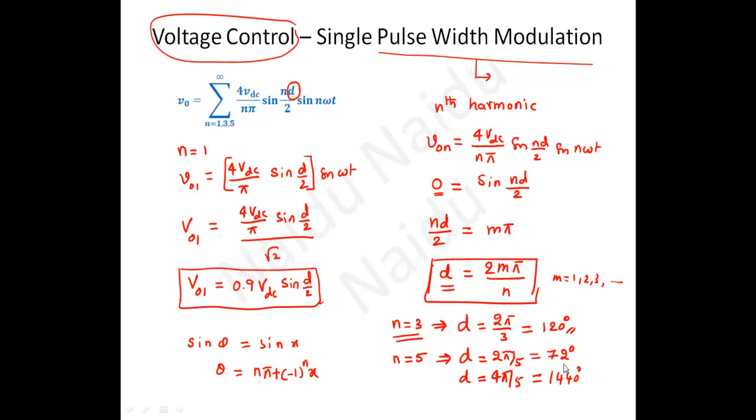Both are less than 180 degrees, so you can set either 72 degrees or 144 degrees to eliminate the fifth harmonic. Remember that using the single pulse width modulation technique, we can vary the output voltage, and at the same time eliminate certain harmonics by setting the proper pulse width.